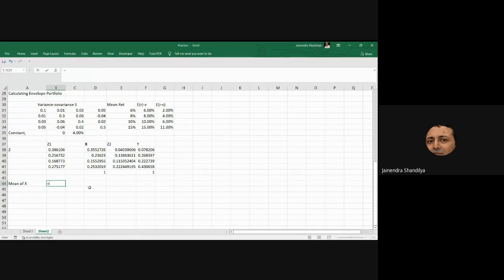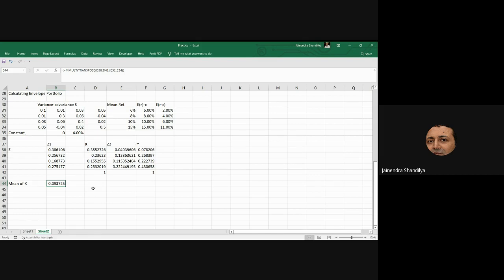So all you need to do is take this transpose of this axis with this one, then you are done. So you got mean of X as 0.093725. So you got 9.3% return of X.